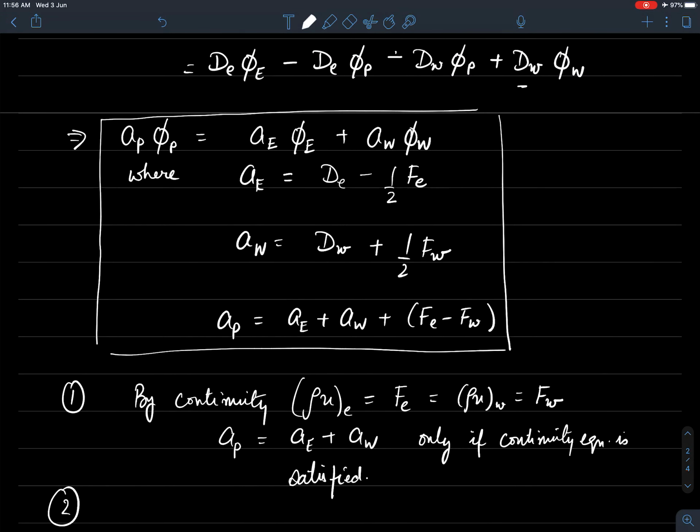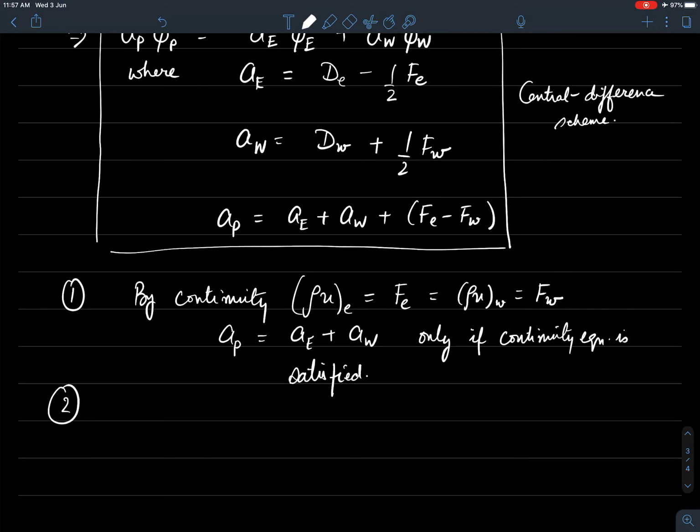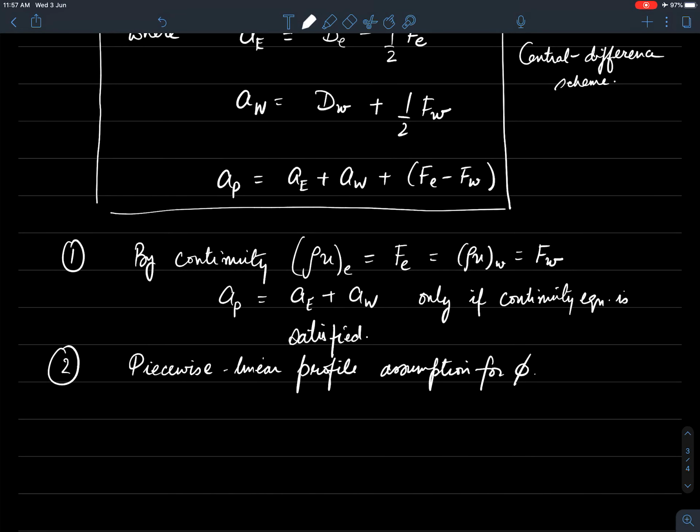Now the second point is that this scheme is what is called a central difference scheme. It is called a central difference scheme because we are using a piecewise linear profile assumption for phi.